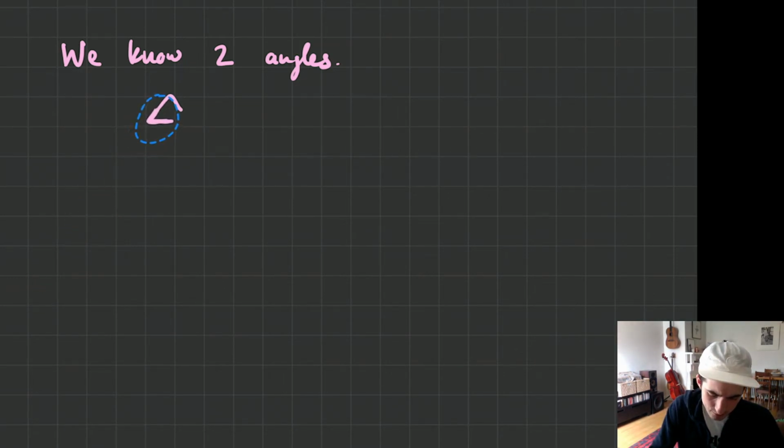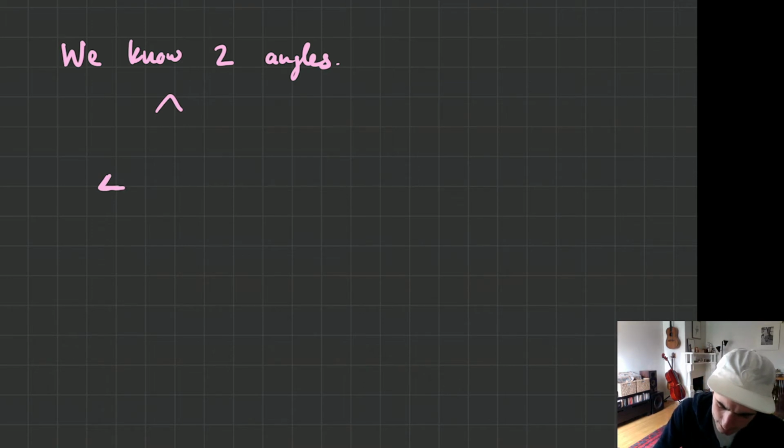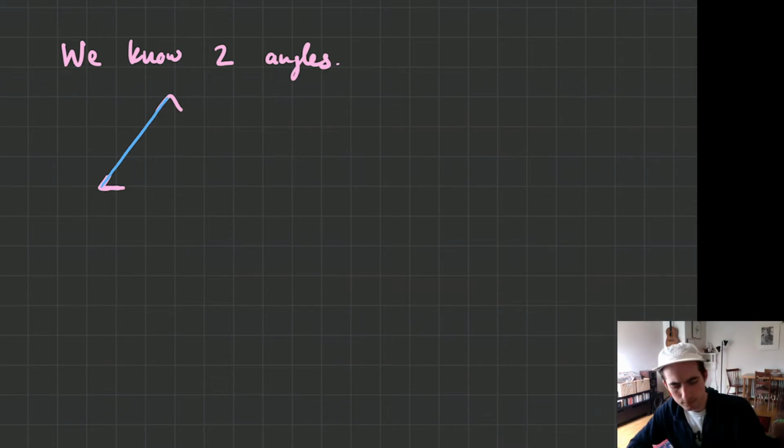So maybe it's a really small triangle, maybe it's a really long triangle, right? I don't really know anything about the triangle. But if somehow I knew one of the side lengths, like maybe the side length between these 2 angles, then all of a sudden I know everything that there is to know.